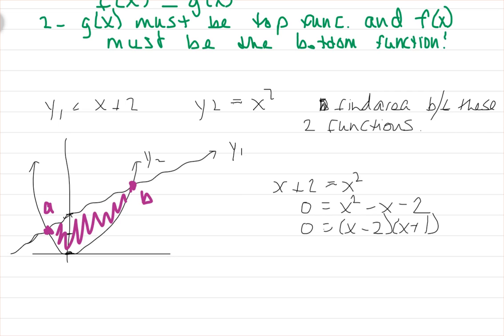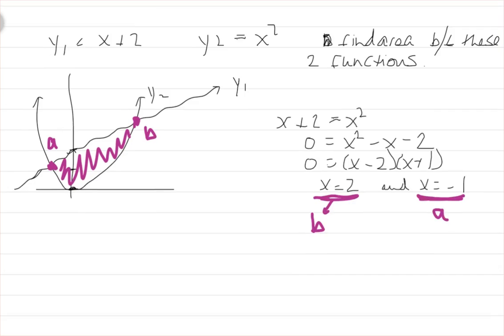And when we solve this, we get x equals 2 and x equals negative 1. Now, since x equals negative 1 is on the left, that's my A value. And since this one is on the right, that'll be my B value. Cool. So we found A, we found B.